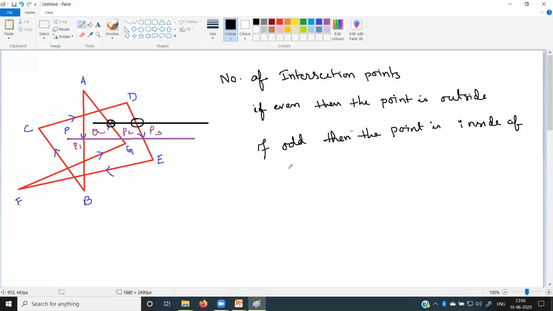So this is a very important parameter to check the interior region or exterior region for a polygon. Clear? Now the same technique is basically applied for the scanline polygon filling algorithm.